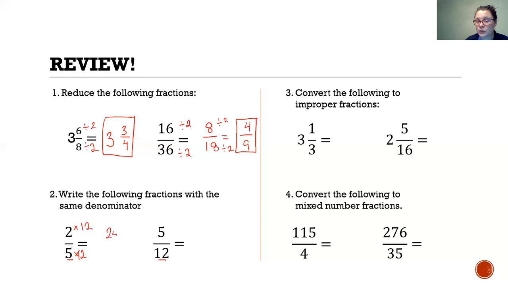We're going to take the 5, we're going to multiply it by 12. The 2 gets multiplied by 12. So 24 over 60. And then over here, 5 times 5, and then 12 times 5 gives us 60 on the bottom as well. So 25 over 60. 5 times 5 is 25. 5 times 12 is once again 60. All right.